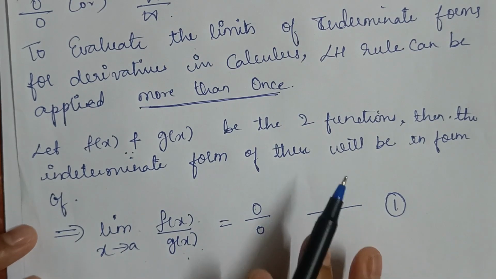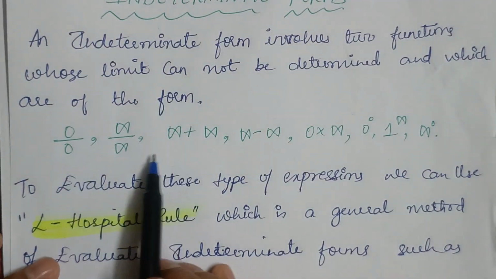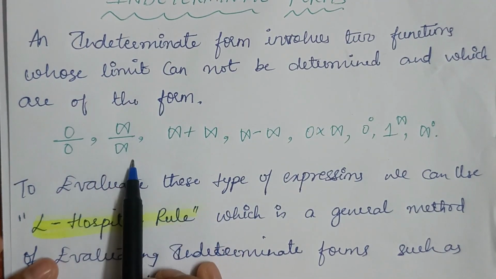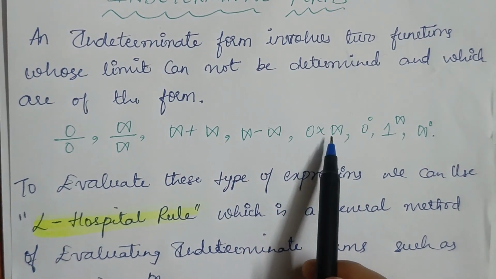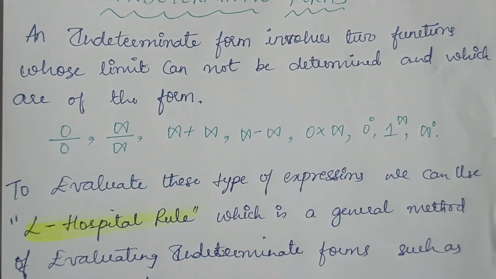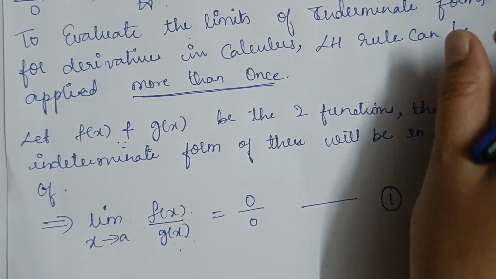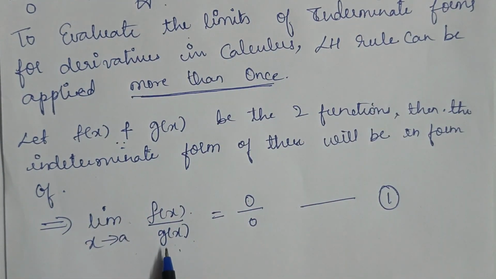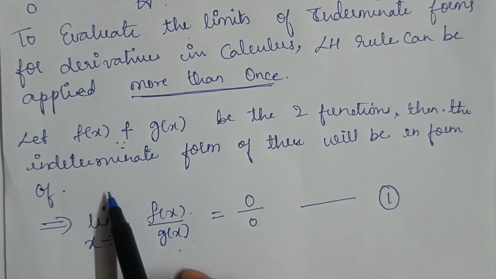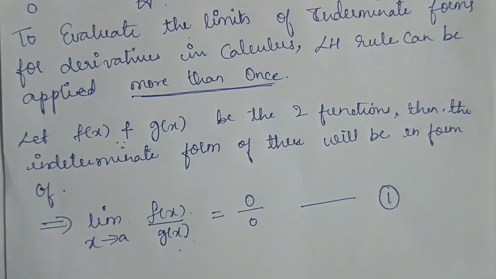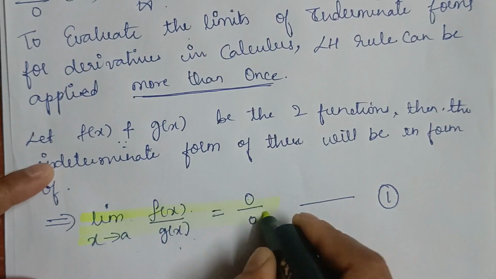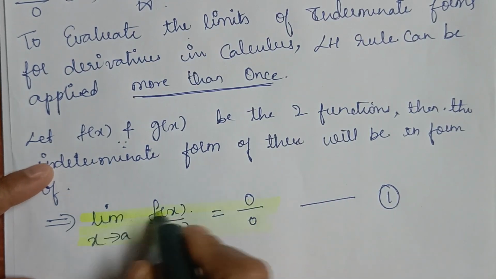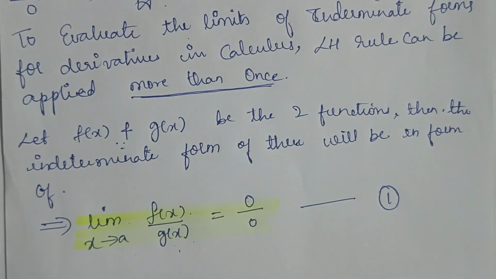Not necessarily, but it should be in some indeterminate form, like 0 by 0, infinity by infinity, infinity plus infinity, 0 multiplied by infinity, any of the indeterminate forms. This is the indeterminate form. Just bear with me to understand better what indeterminate forms are. I will explain with more and more examples.